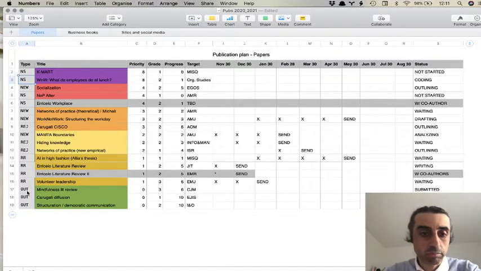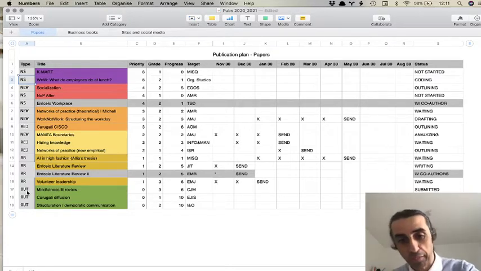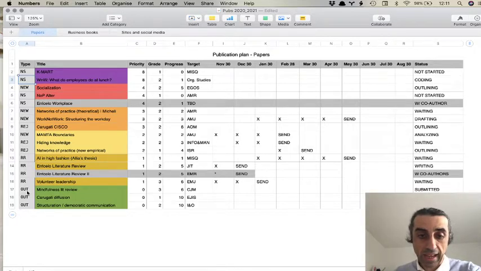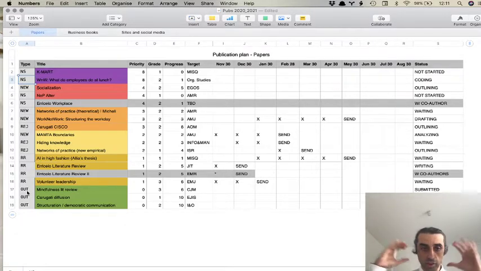Okay, so again, what is this useful for? It helps you plan your year to make sure that you have X amount of manuscripts out by the end of the academic year. It helps you be realistic about what you'll be able to accomplish, and focuses you on having this double pipeline of the really top quality papers, and then the category 2 and category 3 papers.